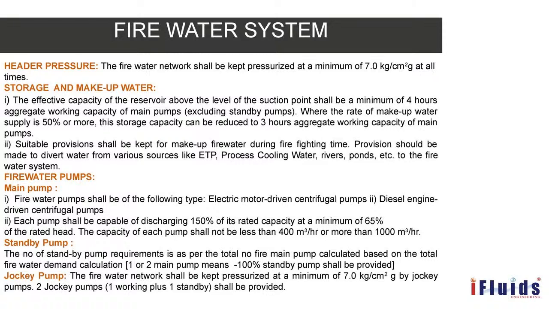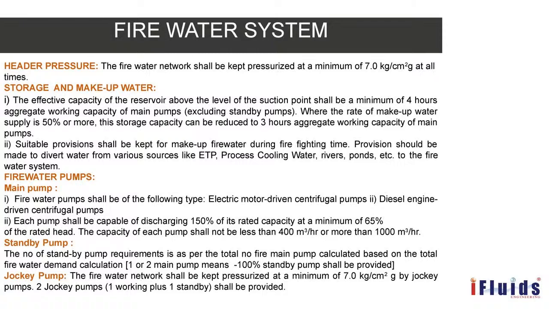If you have a provision to take makeup water from the ETP, process cooling water, rivers and ponds, and the makeup water supply is 50%, then the storage capacity can be reduced to 3 hours aggregate. So if this provision is available, the storage capacity can be reduced to 3 hours, or otherwise you have to ensure a storage capacity such that your main pump can run for 4 hours. So this is the requirement mentioned in this OISD 116.